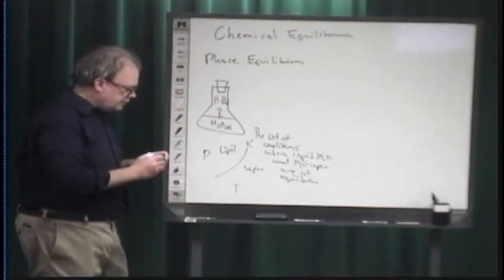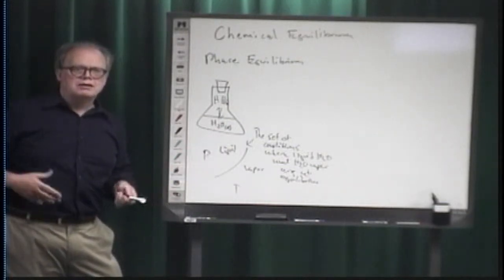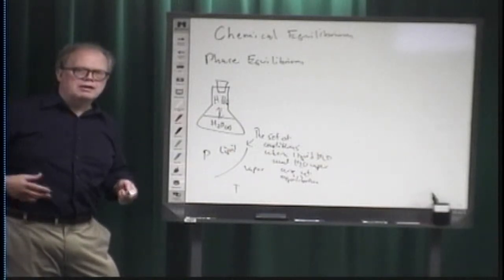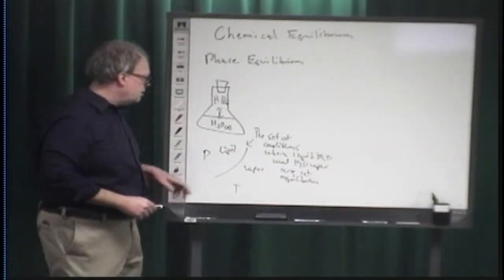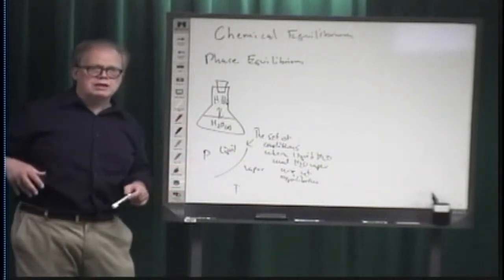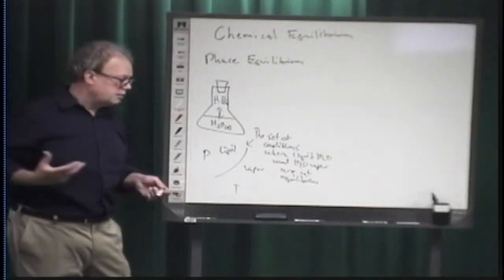Okay, so saying that we have attained an equilibrium between liquid water and water vapor is actually to constrain other variables, in this case temperature and pressure, to a certain set of values. And the same thing is going to be true with chemical equilibrium.